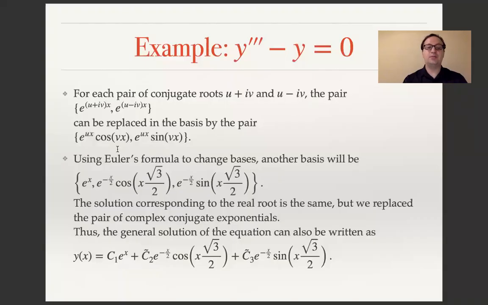So now, remembering that we would like to replace the complex exponentials by real exponentials, cosines, and sines, for each pair of conjugate roots, e to the (u plus i v)x and e to the (u minus i v)x, we want to replace them by e to the ux cosine of vx and e to the ux sine of vx.